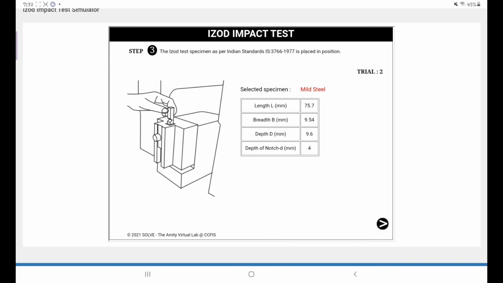Step 3. The Izod test specimen as per Indian Standard IS 3766-1977 is placed in position. Trial 2. Length is 75.7 millimeters, breadth 9.54 millimeter, depth 9.6 millimeter, depth of notch 4 millimeters.